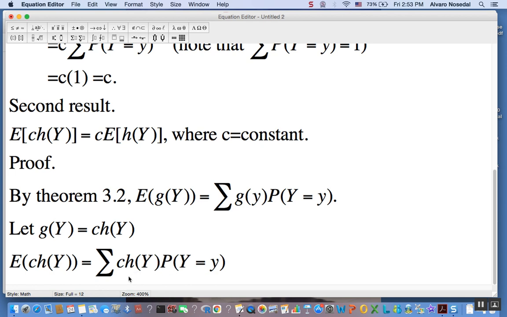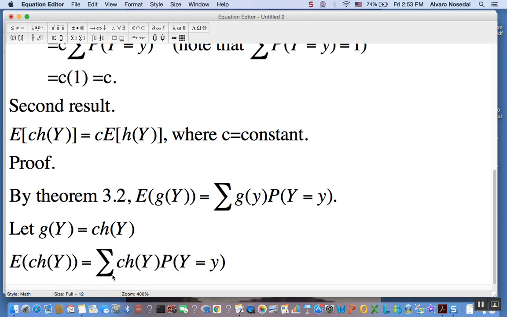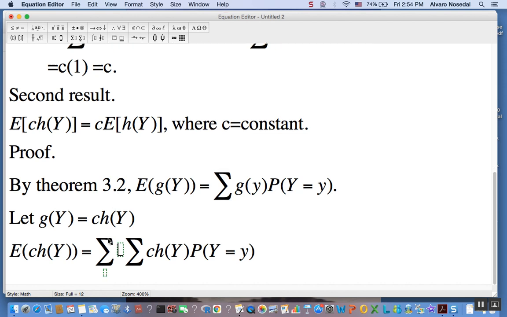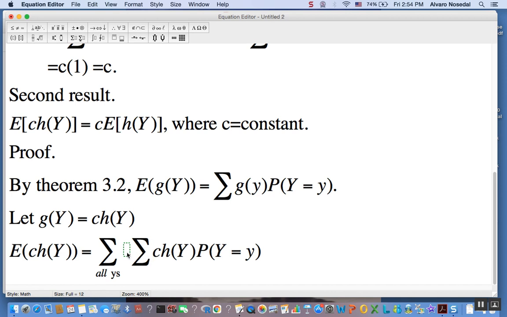We have that product and we are adding up those products for all possible values of y. And yeah, let me be super specific about that here, right? Let me change that one like this, all y's. I just want to be very clear about that.